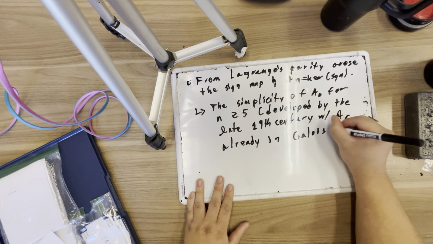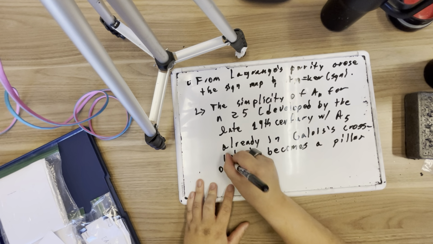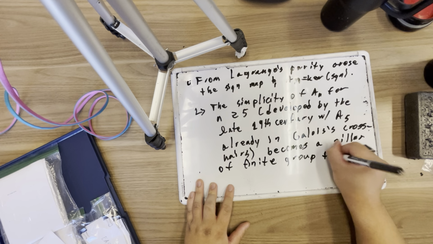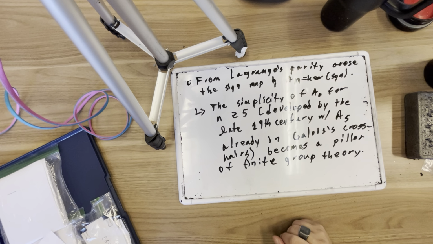It becomes a pillar of finite group theory. Chapter 3 will supply the quotient and the kernel machinery underpinning it, with results to boot.